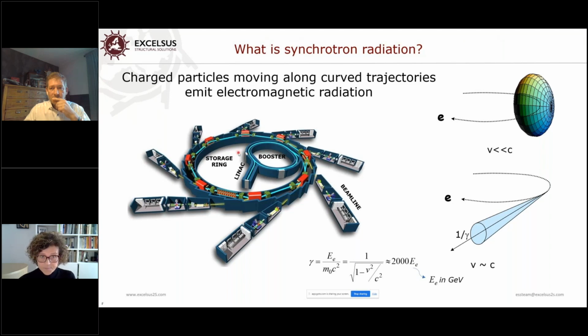Now, there is a classical principle of physics that says that accelerated charged particles emit electromagnetic radiation, and this is what happens. When the velocity of the moving particles, in this case the electrons, is much smaller than the speed of light, the emission is quite isotropic around the moving charged particle.